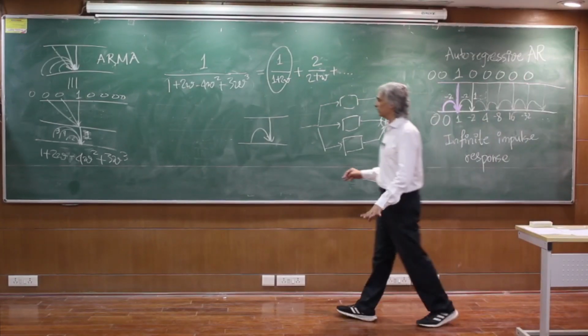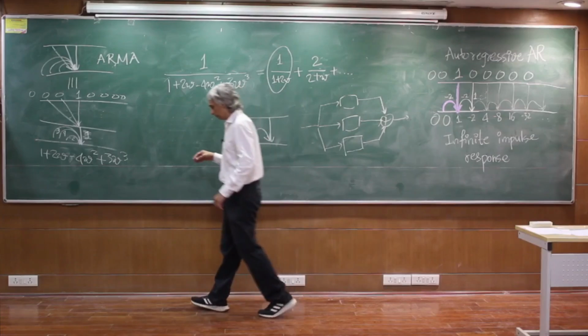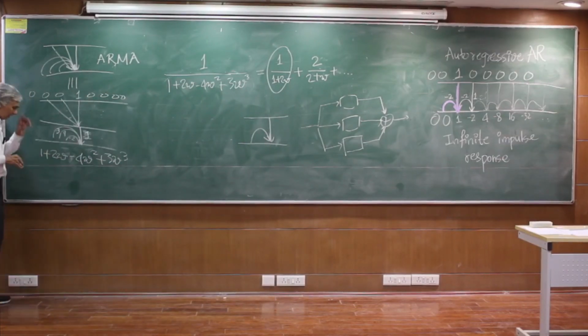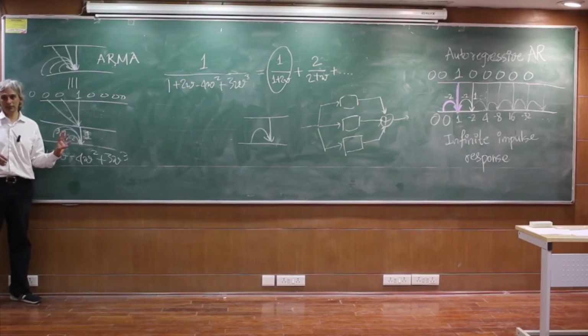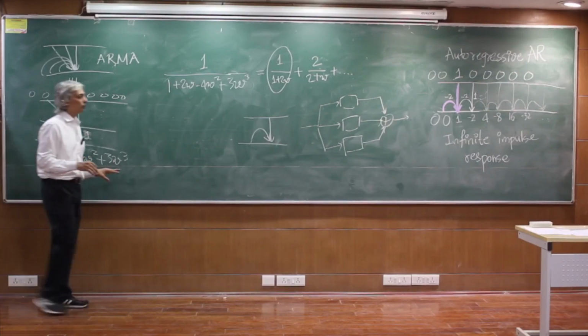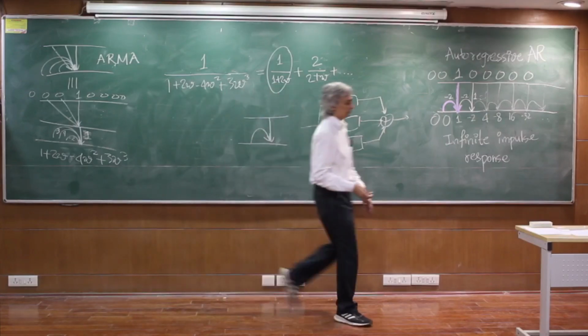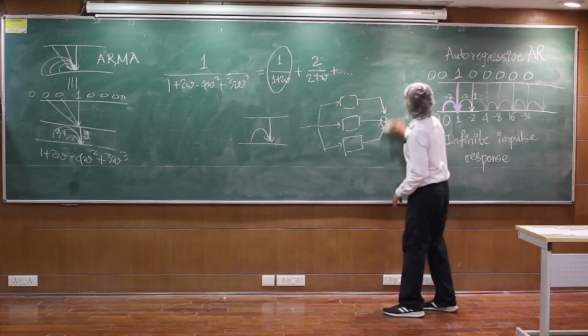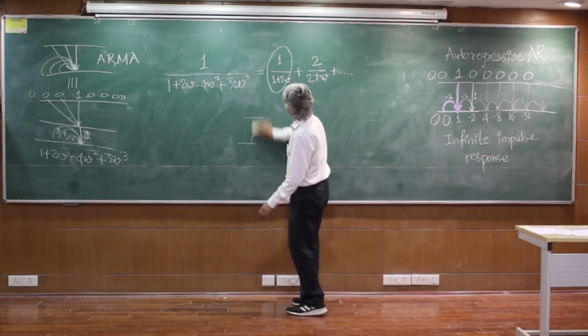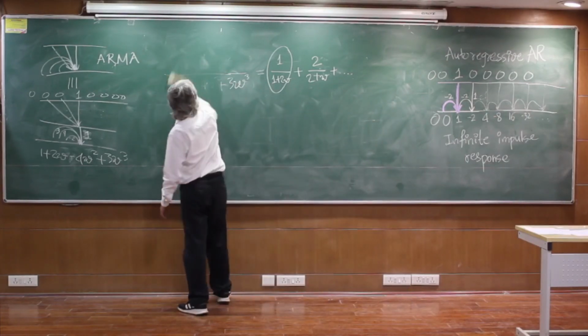There are a lot of techniques which we will not go into today. I will go into some techniques today, but there are a lot of ad hoc techniques of designing filters which are based on the idea of ARMA structures. Basically these techniques go in the following way.